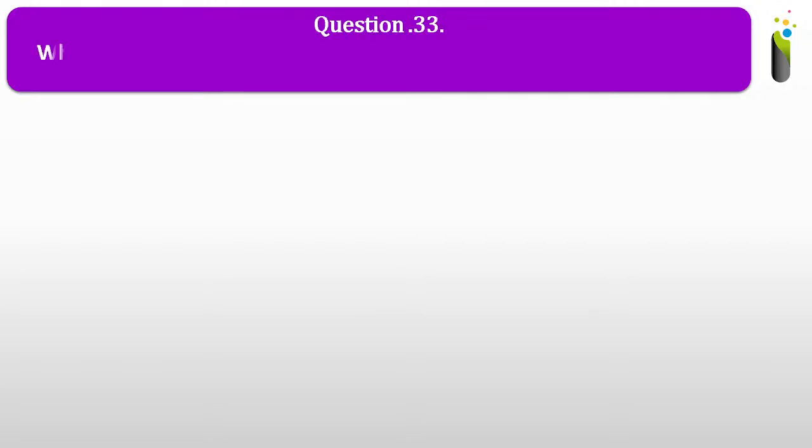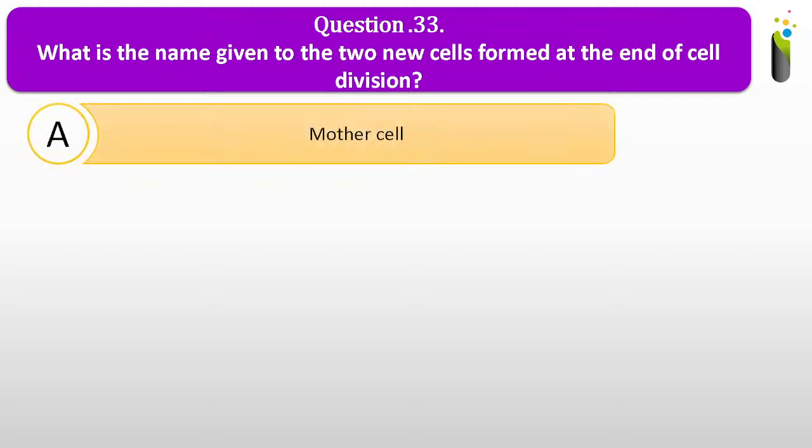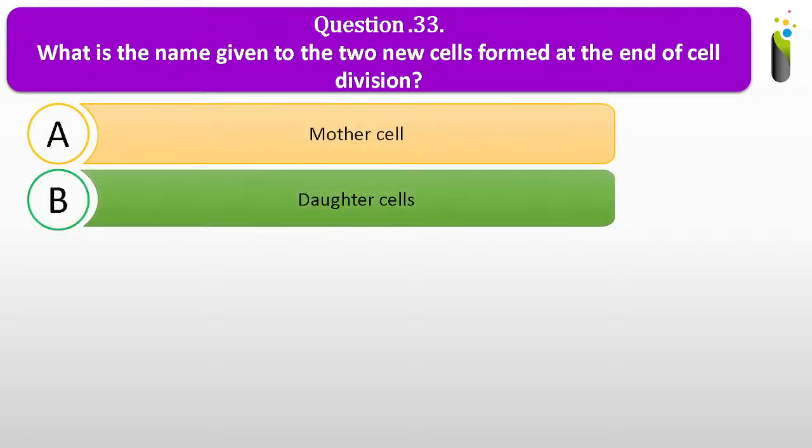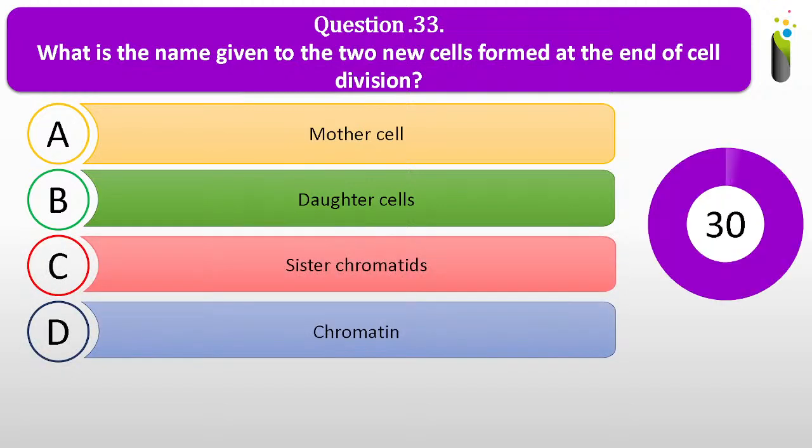Okay, we come to the next question number 33. What is the name given to the two new cells formed at the end of the cell division? A. Mother cell. B. Daughter cells. C. Sister chromatids. D. Chromatid.